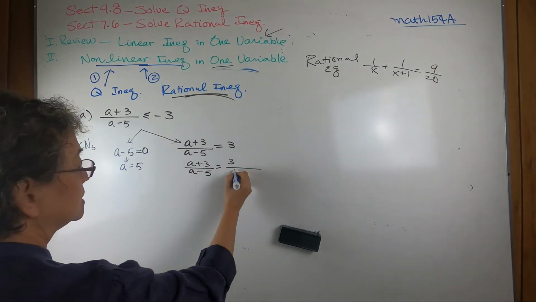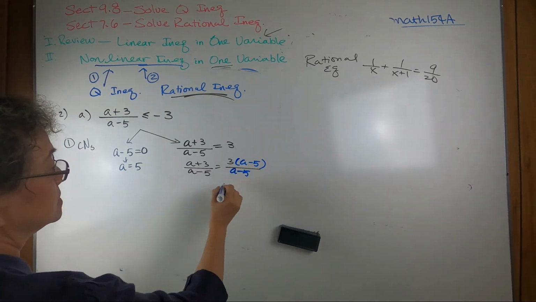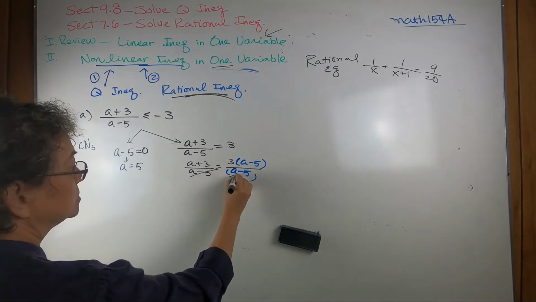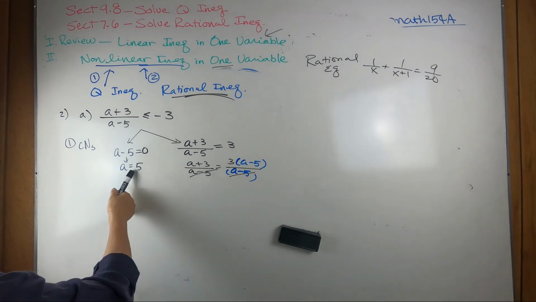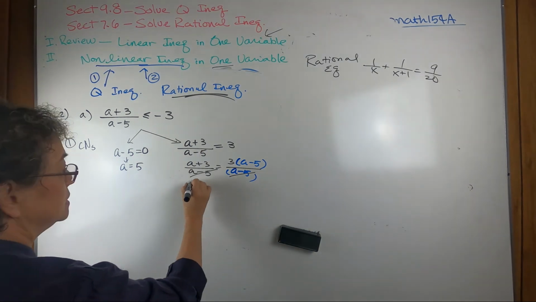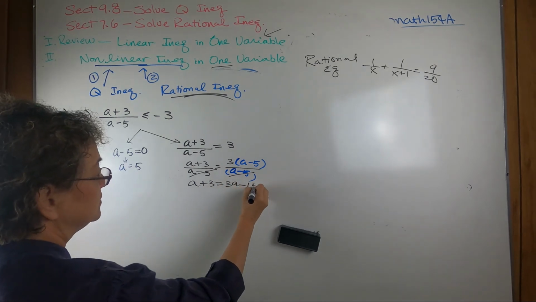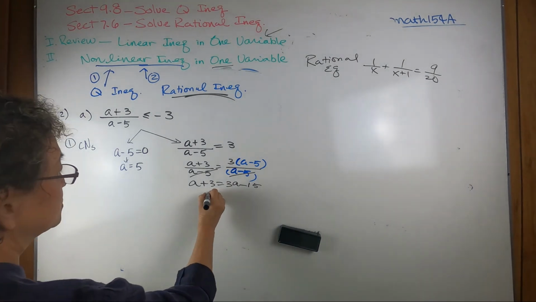If I multiply by a minus 5 here, I do the same thing here. Then with the same denominator, I can ignore it because a cannot be 5. That's a critical condition already. So we have a plus 3 equals 3a minus 15. Then you move things around and find a is 3.